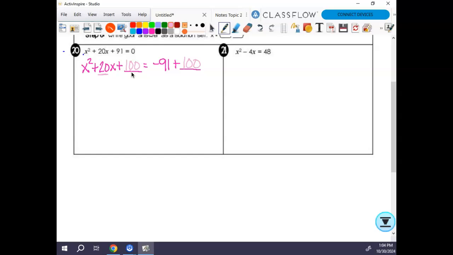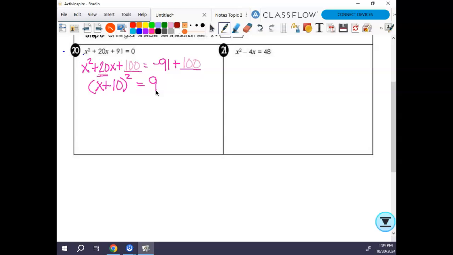Well, basically, we just forced it to be that, right? So when I factor it, it's going to look like this. x plus whatever that half was, 10, squared. And if I do x plus 10 squared, that's what I get on the left side right there. And then that is equal to negative 91 plus 100, which is 9.